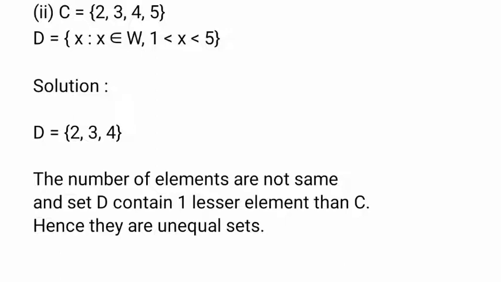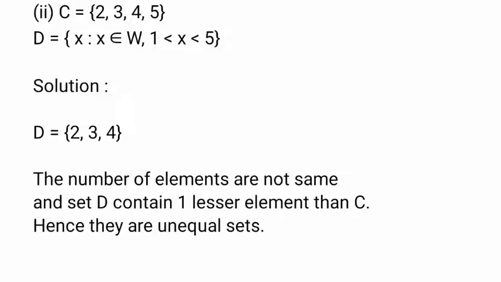Second one: C equals the set {2, 3, 4, 5}. D equals the set of x such that x belongs to W, 1 < x < 5. Solution: set C equals {2, 3, 4, 5} and D we write the elements 2, 3, 4. Therefore D equals {2, 3, 4}.